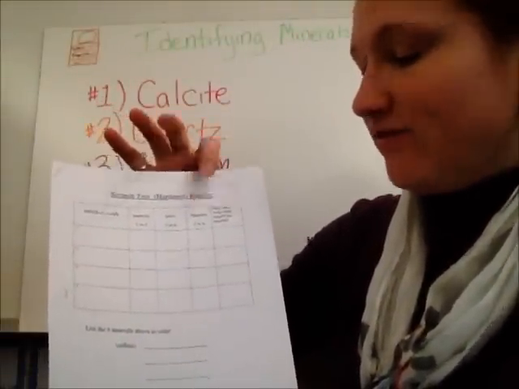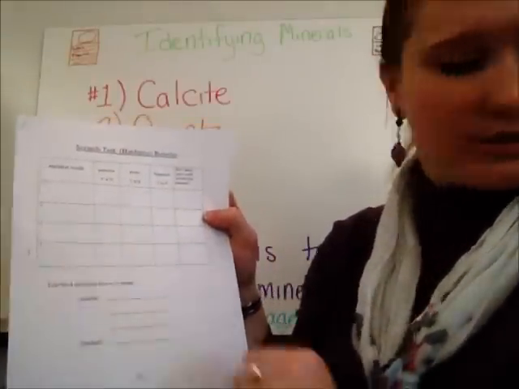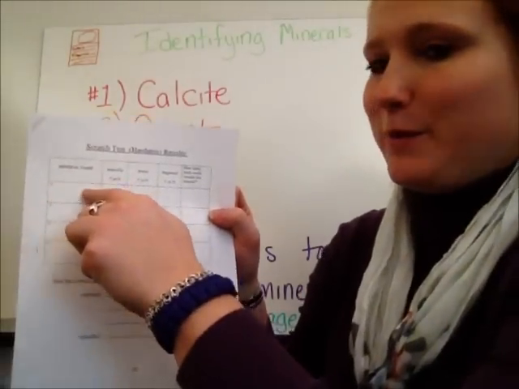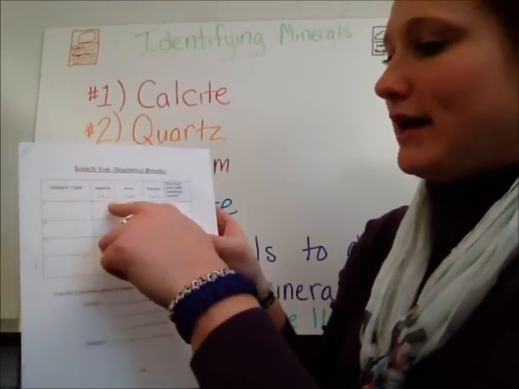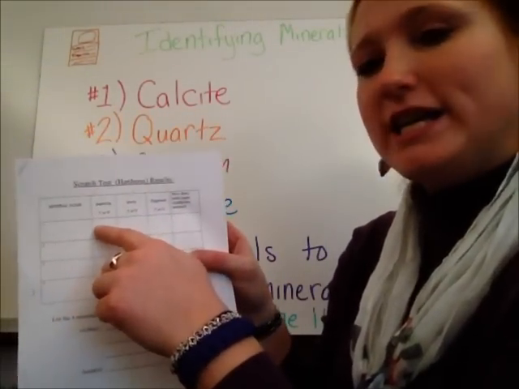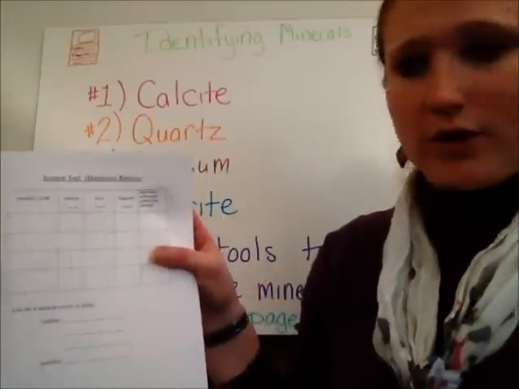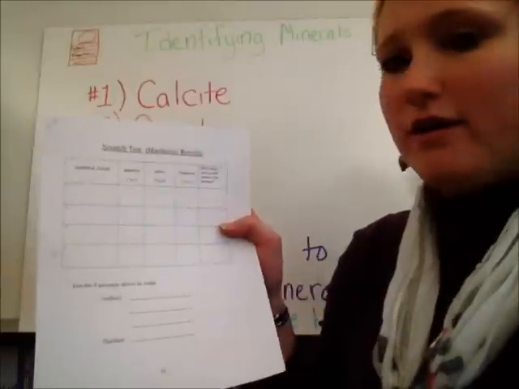And this time you're using the paperclip, penny, and fingernail to see if it can scratch the mineral. So the first mineral would be this one. So you would put the name, which would be calcite, on the line. Paperclip, can it scratch? Yes or no. You would put the Y or the N. You're going to do the scratch test with the penny on that same mineral, and then your fingernail.